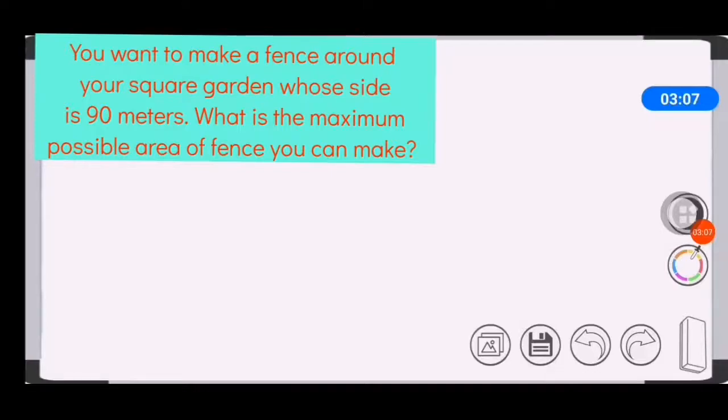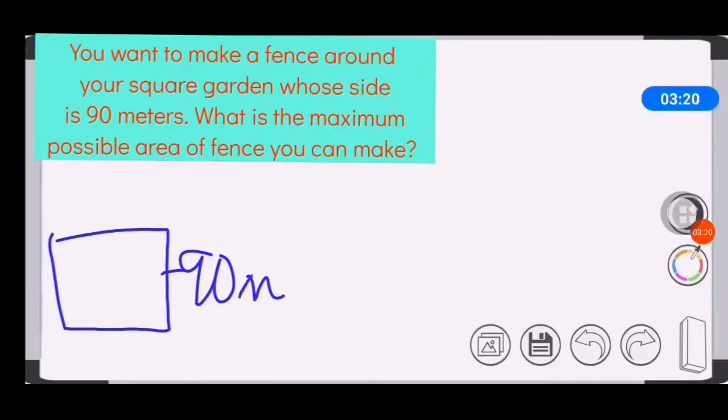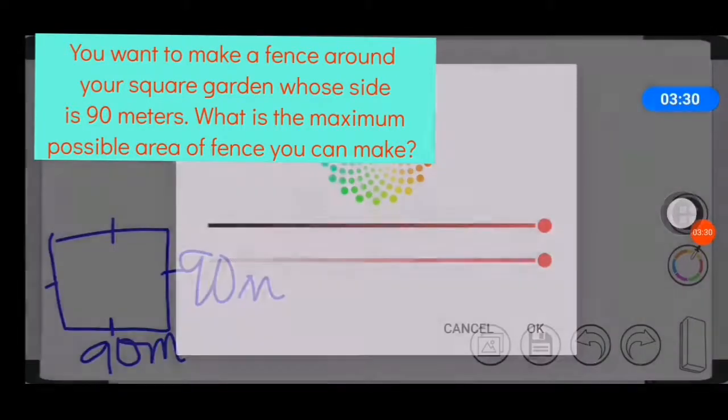What is the maximum possible area that your garden can cover? You can sketch this out. It says the side is 90 meters, which means the other side should also be 90 because the garden is square in shape.